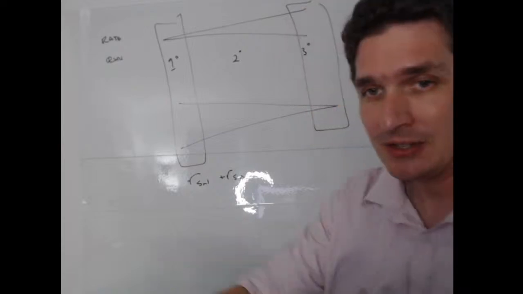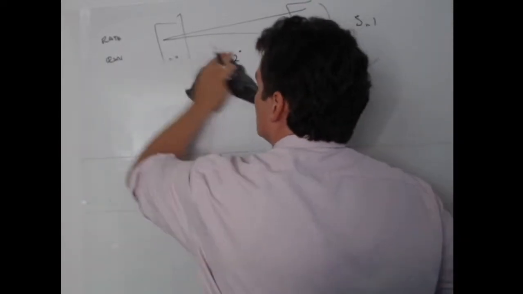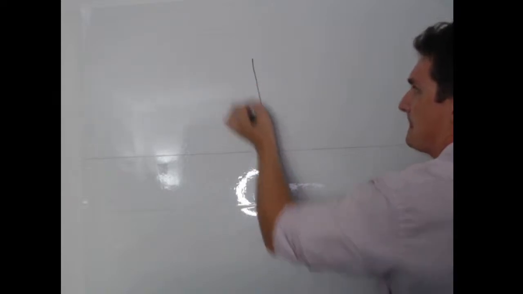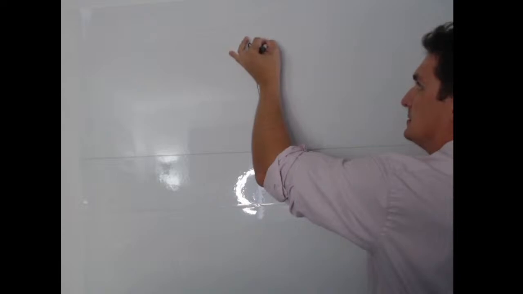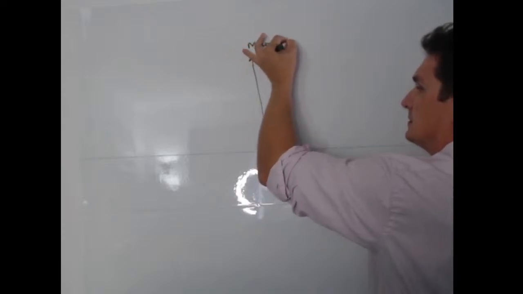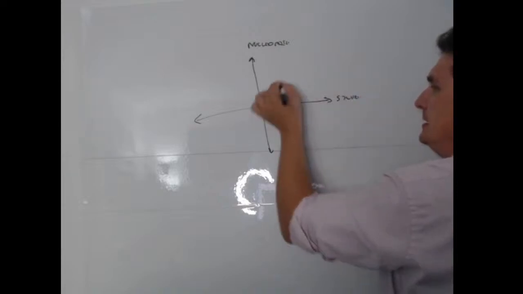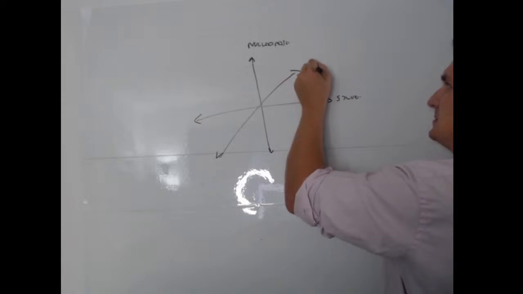So if you take that diagram I drew before, we've got the nucleophile, we've got the solvent, and then a third axis here is going to be the carbon itself.